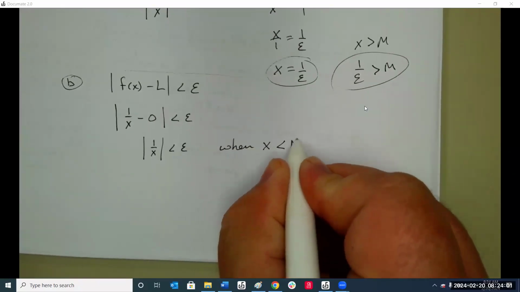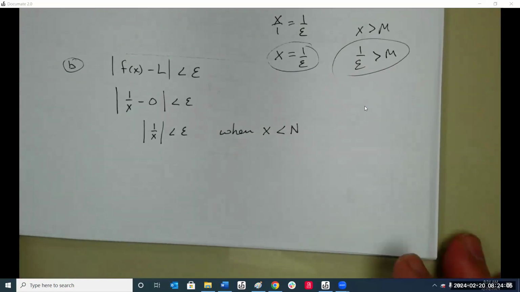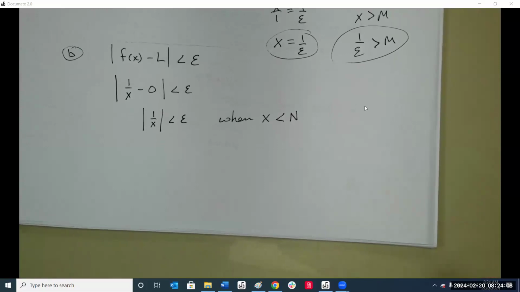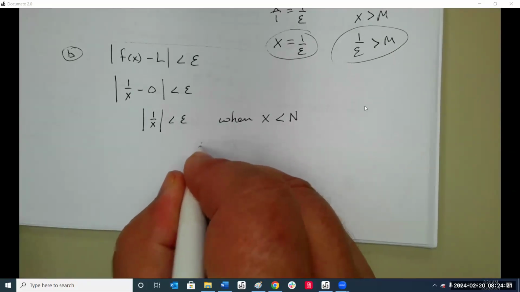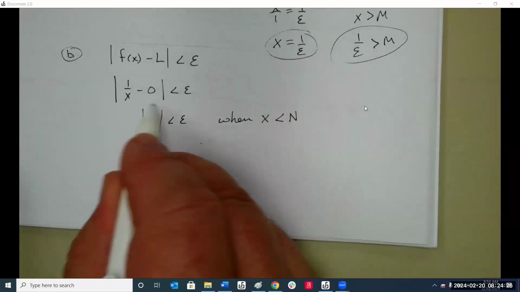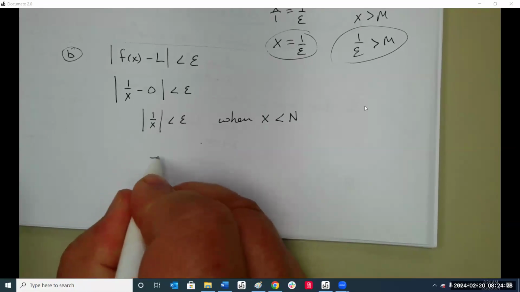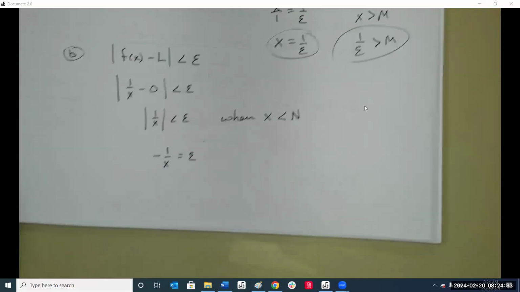This one, since it's the negative side, x is less than n. So since we're looking at it going to negative infinity, we remove the absolute values. This is what epsilon equals.